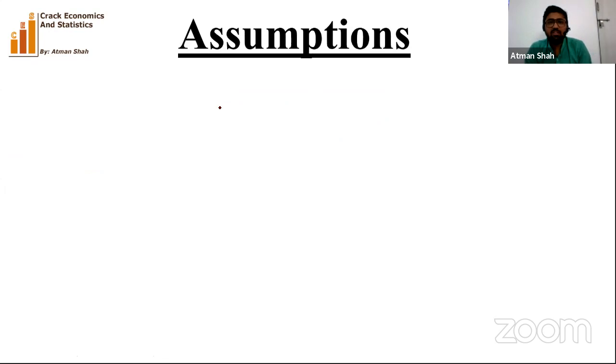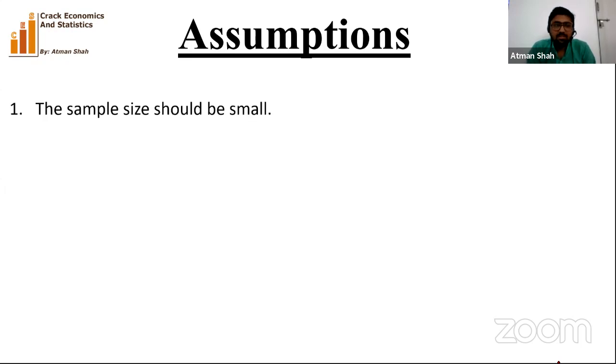So let's begin with the assumptions. All t-tests have the same assumptions. First, the sample size should be small. Now, if you refer to the literature, if your sample size is more than 30, we say that it's a large sample.